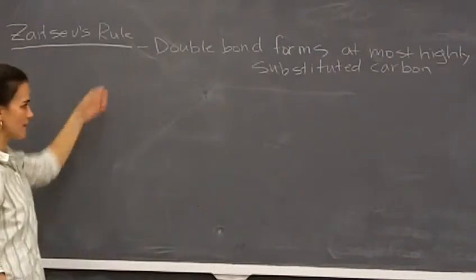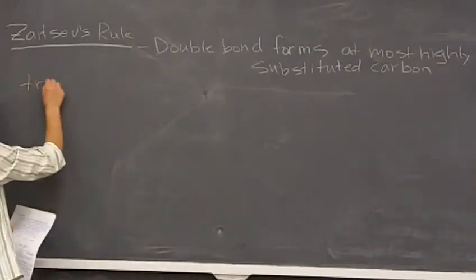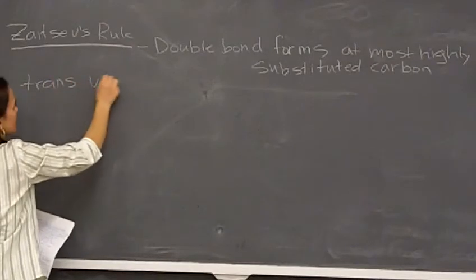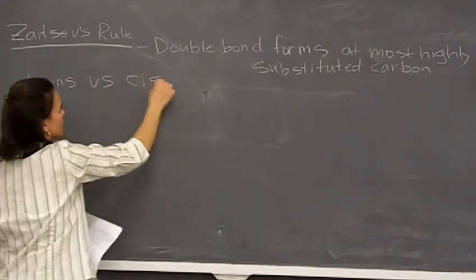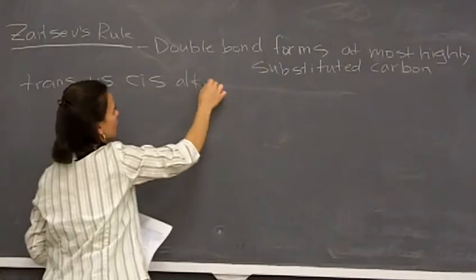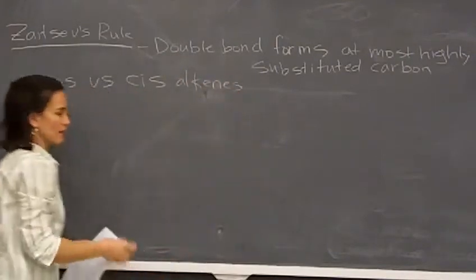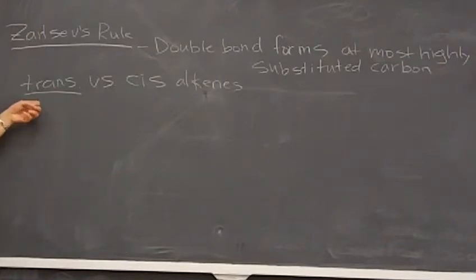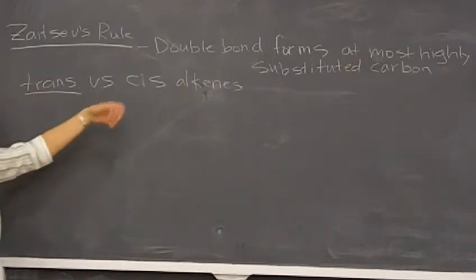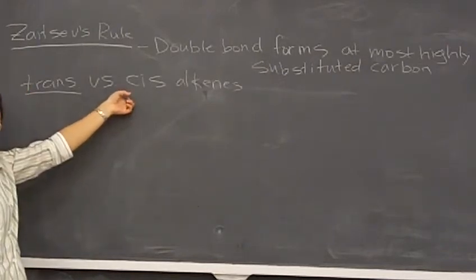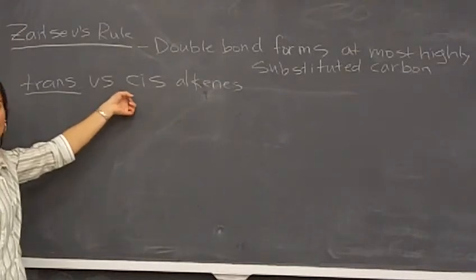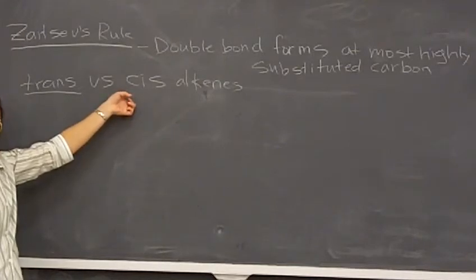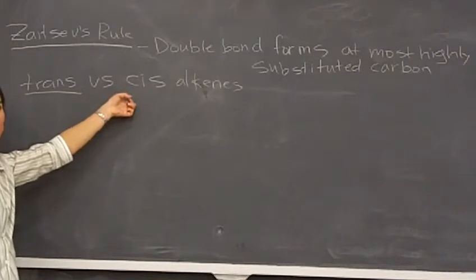So you need to keep this in mind, but you also need to keep in mind that trans versus cis alkenes usually will see more trans than cis, okay? So kind of two different things you got to keep in mind here, all right? But then, like I was saying, remember whenever there's trans, even though it is more favored, you will still see cis, okay? So when you're analyzing your data, don't think that you'll only have trans alkene in there. You're going to have cis in there somewhere, okay?